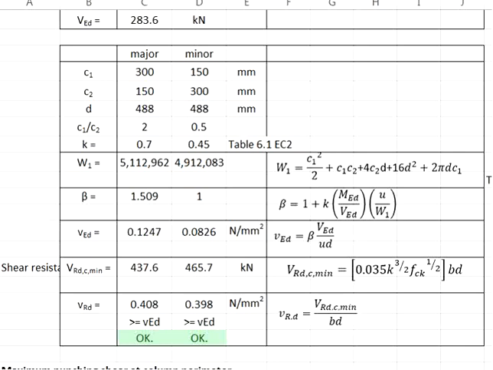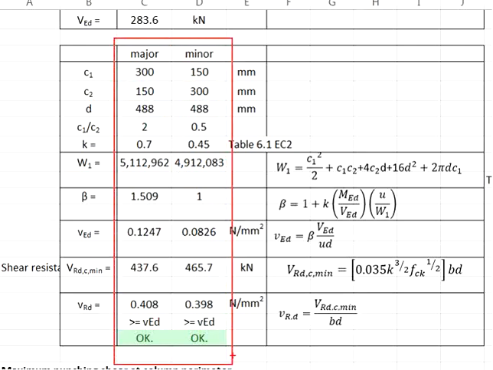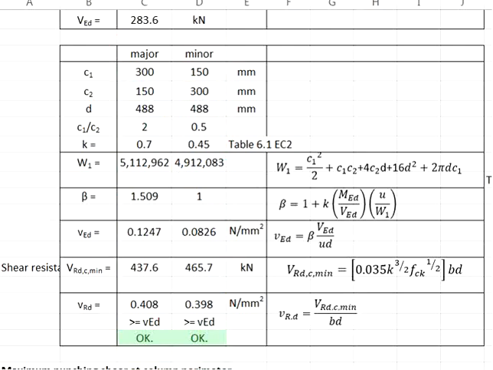And if you have the moment in both axes, then you will need to check for both axes. It is harder to tell which direction will be more critical. Now, if you are unsure about this, you can always check for both axes for all cases, as demonstrated here.